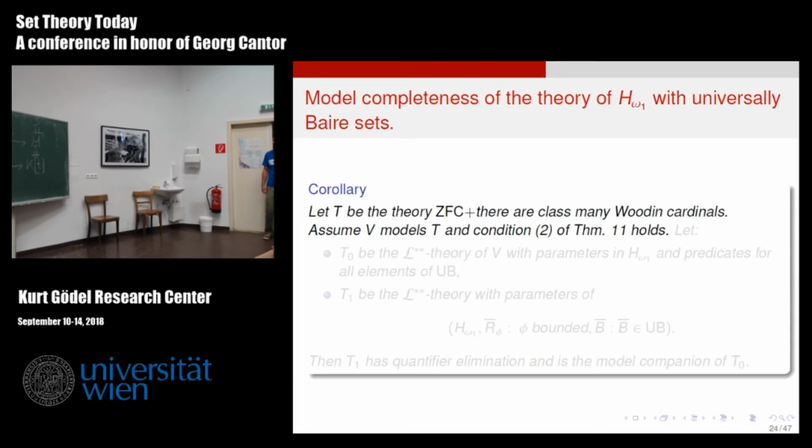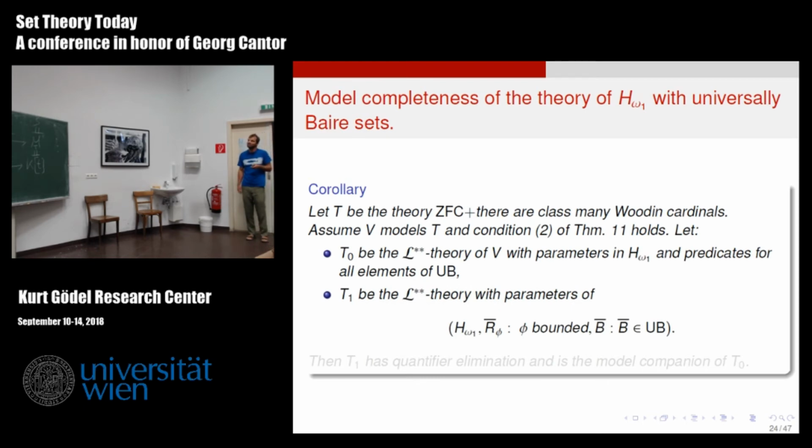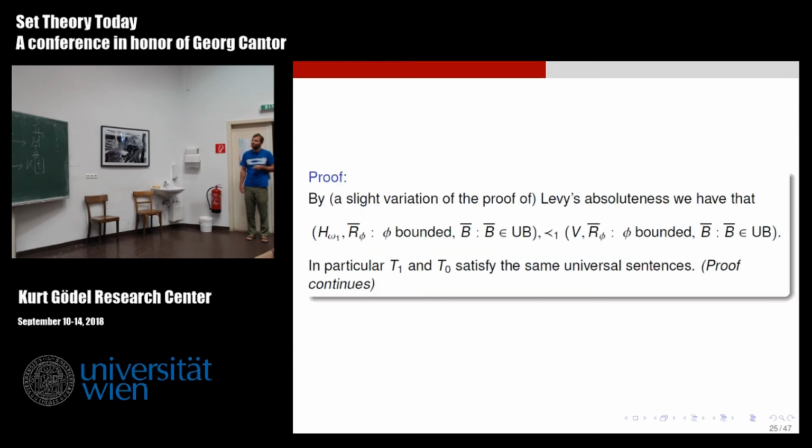Now it's easy to argue that the theory of V has as model companion this theory. T0 is the theory of V, and T1 is the theory of this structure, and it's clear that T1 is going to be the model companion of T0.